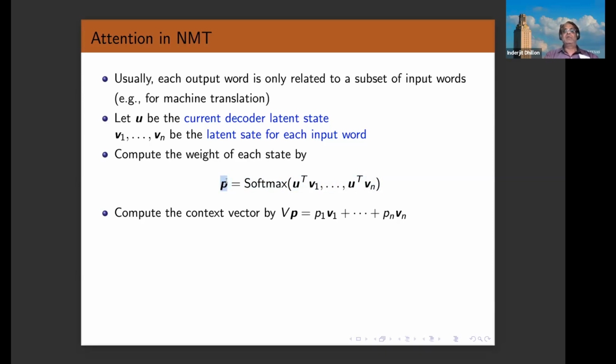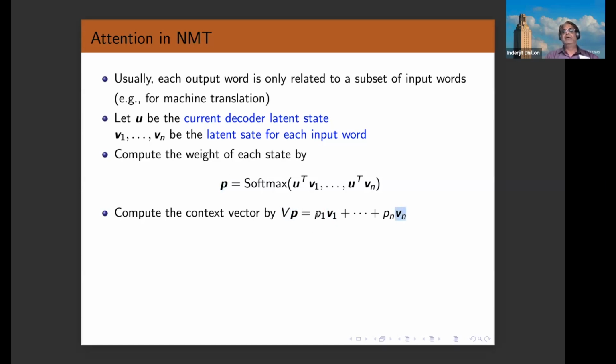And this is like the attention. The way you compute the context vector, given the current latent state U, is a linear combination of all the latent states of the input words.